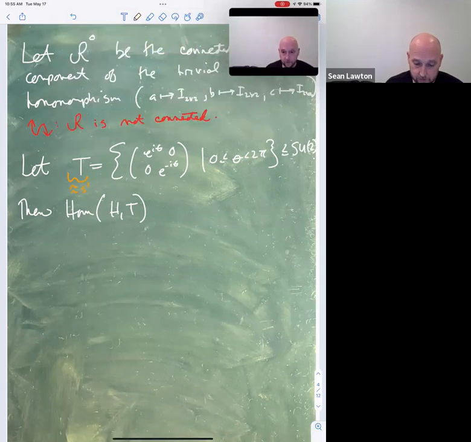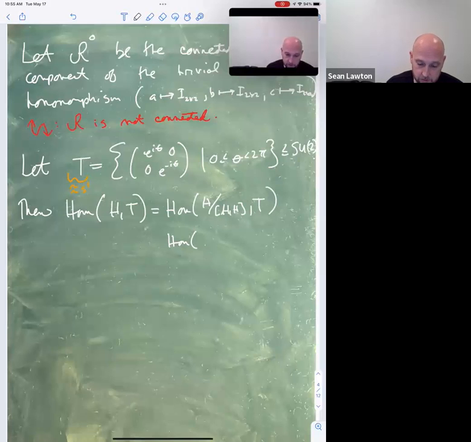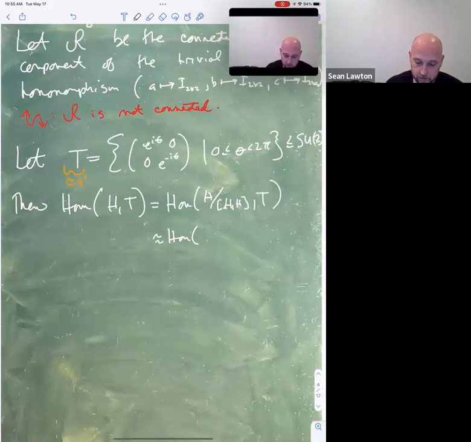Because T is abelian, it actually equals the set of homomorphisms through the abelianization, which we already saw. In this case I probably should put isomorphic.